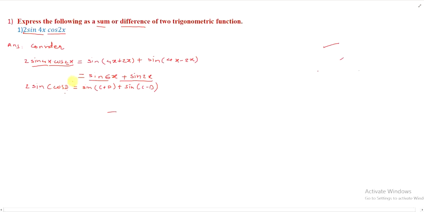Now let us have one more example with other values, of the type 2 cos 4 theta into cos 2 theta. To find the answer of this question, let us consider the given 2 cos 4 theta into cos 2 theta, isn't it?